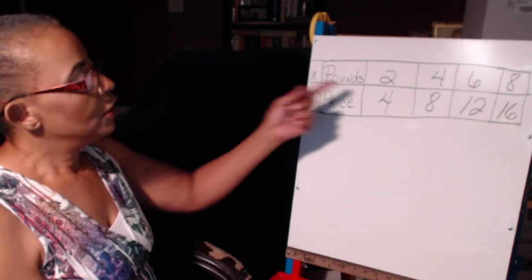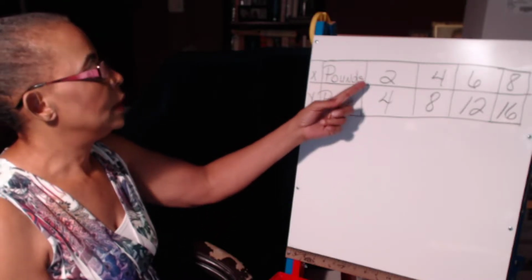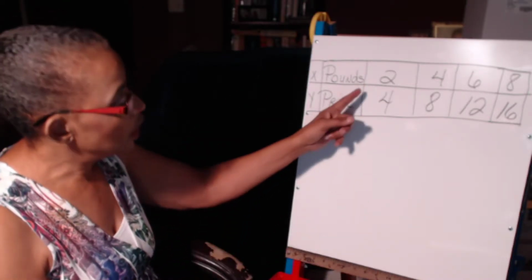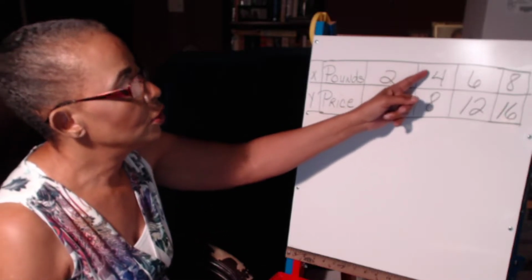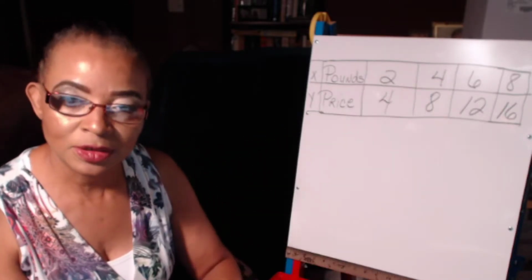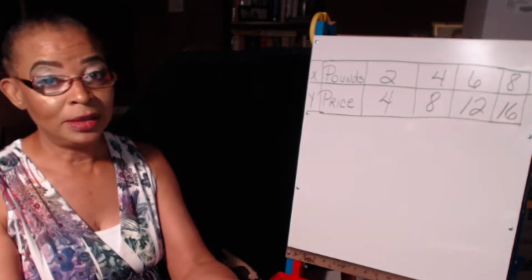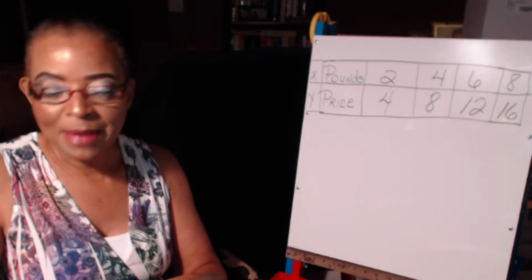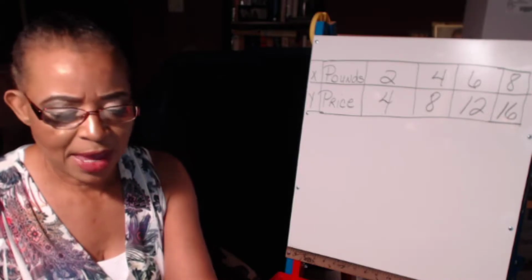So you know that the price per pound is $2 per pound, because 2 times 2 is 4, 2 times 4 is 8, 2 times 6 is 12, and 2 times 8 is 16. You can show your child this video as well, but it might be better if you help them, because that'll help you a little bit too with the math.